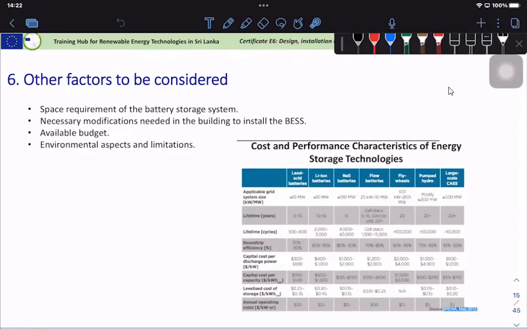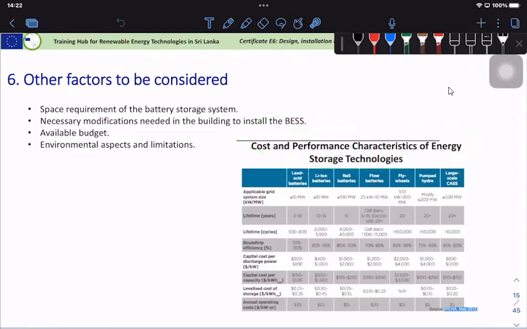Based on that also you need to decide on some of the factors, and what are the environmental aspects and limitations.